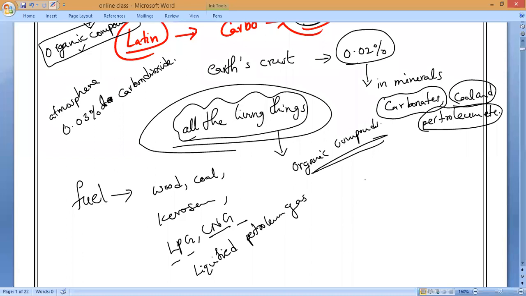We can test the presence of carbon in materials on the basis of the fact that carbon and its compounds burn in air and give carbon dioxide gas, which turns lime water milky. As we already studied in the first three chapters, what is the test for carbon dioxide gas?